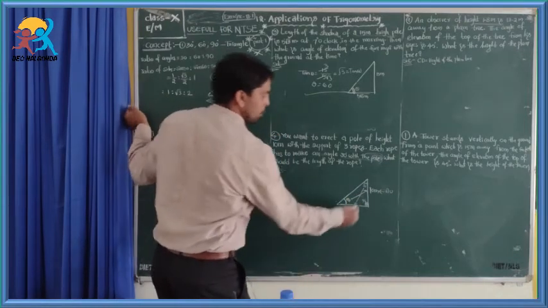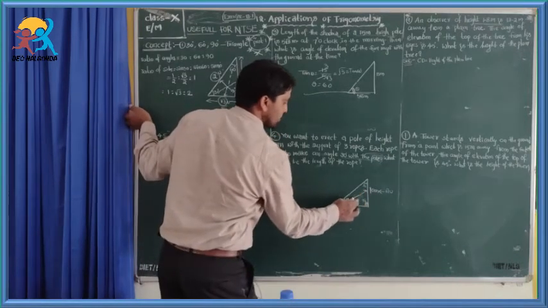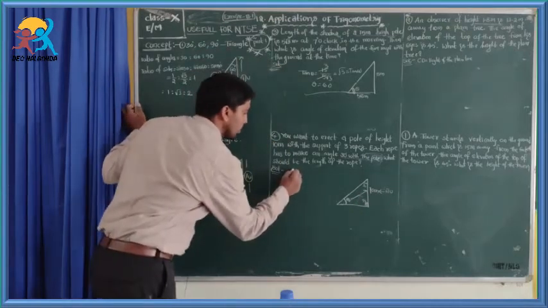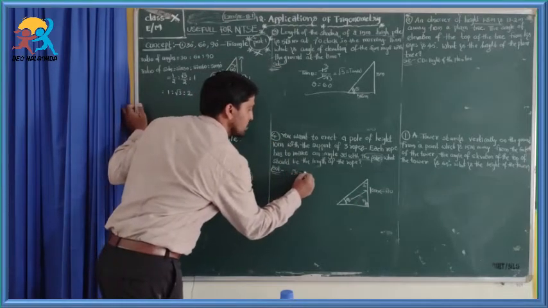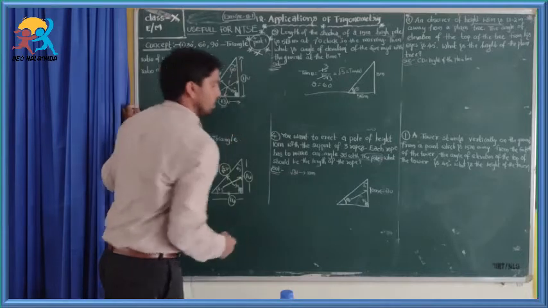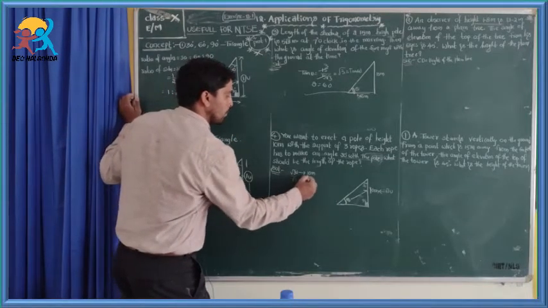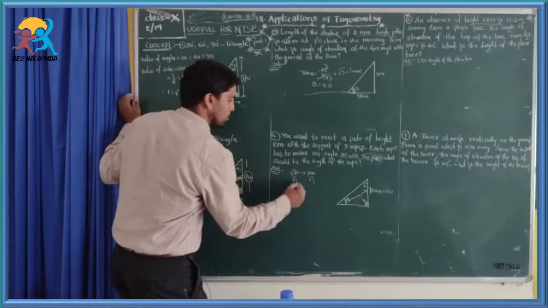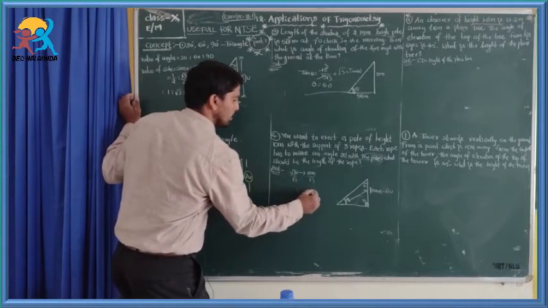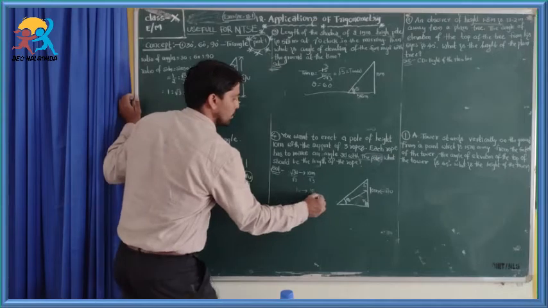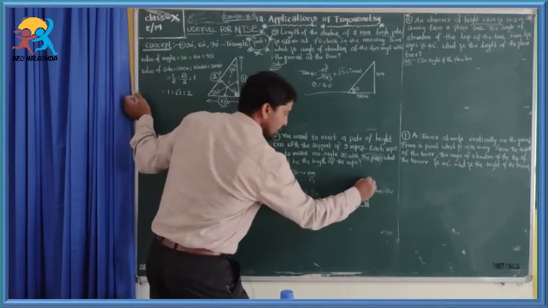What is opposite to 90 degrees? See here. Root 3 units value is 10 meter. Let us find the 1 unit value. Dividing both by root 3, we get 1 unit value is 10 by root 3 meter. But we have to find the length of the rope.